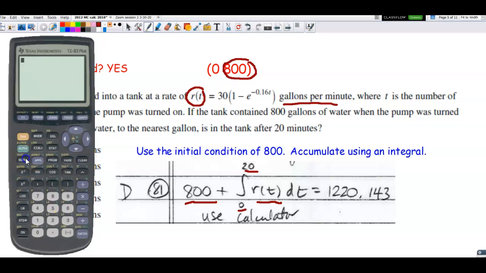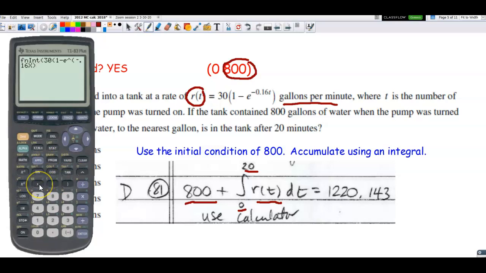So I would do a math number 9, and the function is 30 times 1 minus e raised to the negative 0.16. Be careful with your typing. One little parenthesis, one little mistype, and it's over.